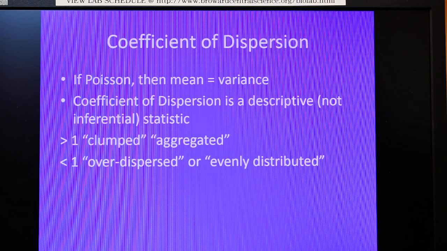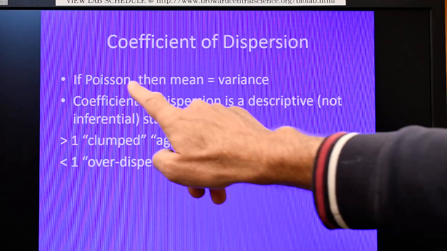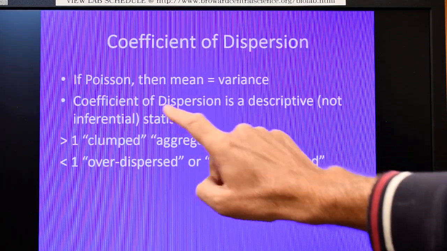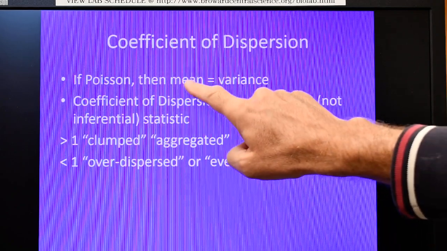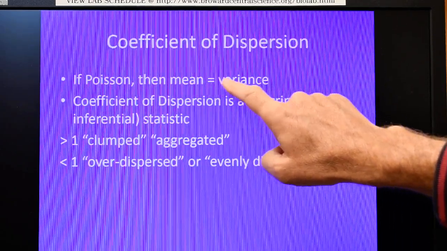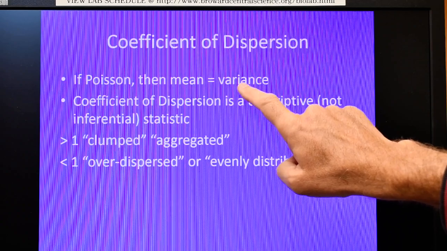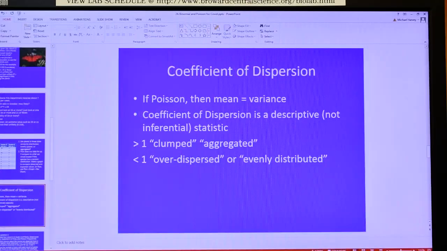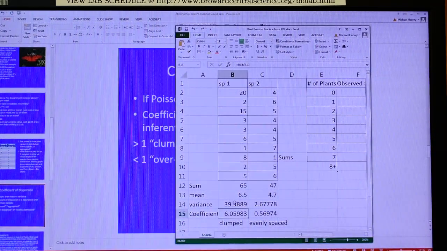It's a rare event, but it's occurring at random. There's no rhyme or reason to it. So when data follows a Poisson distribution, the mean is equal to the variance.